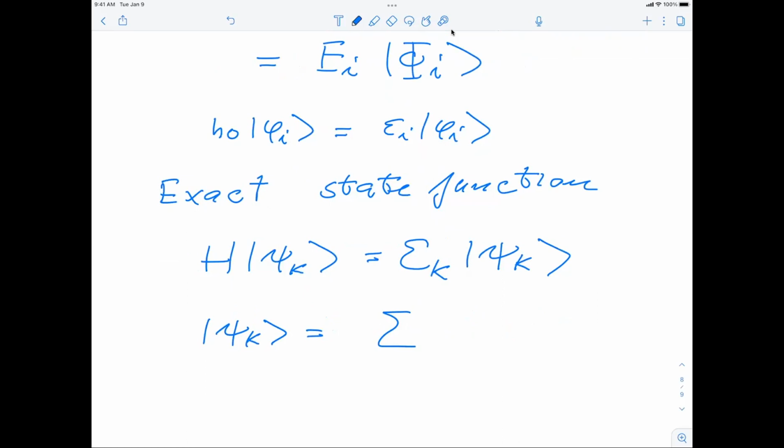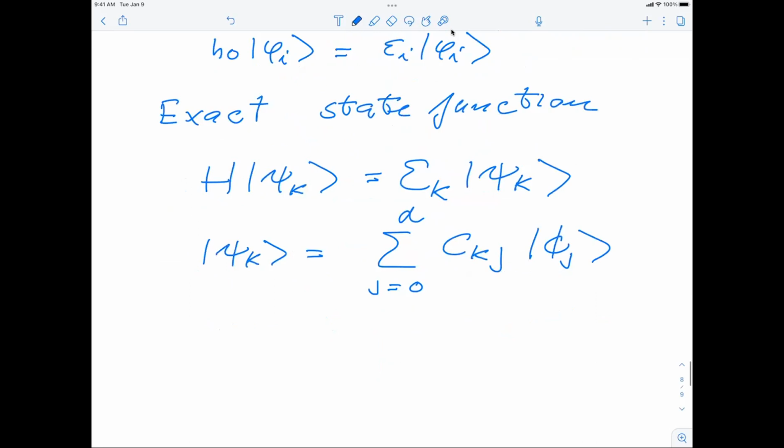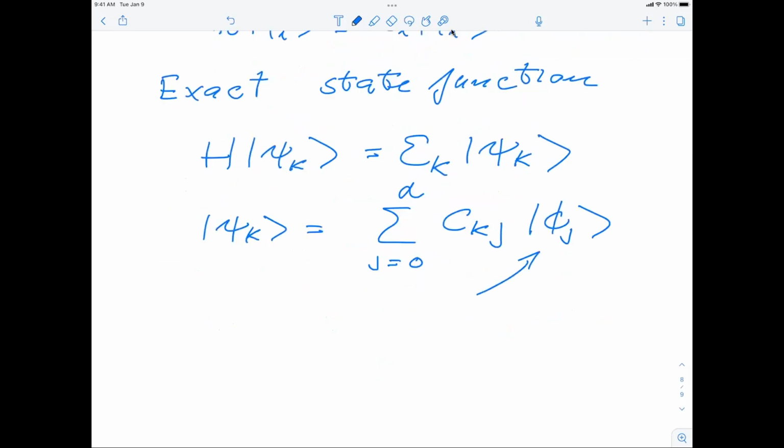So that means that I will now have a j equal to 0, and then I have a set of states, D, and this is now given by the overlap, C_kj, and then I have my computational many-body basis.